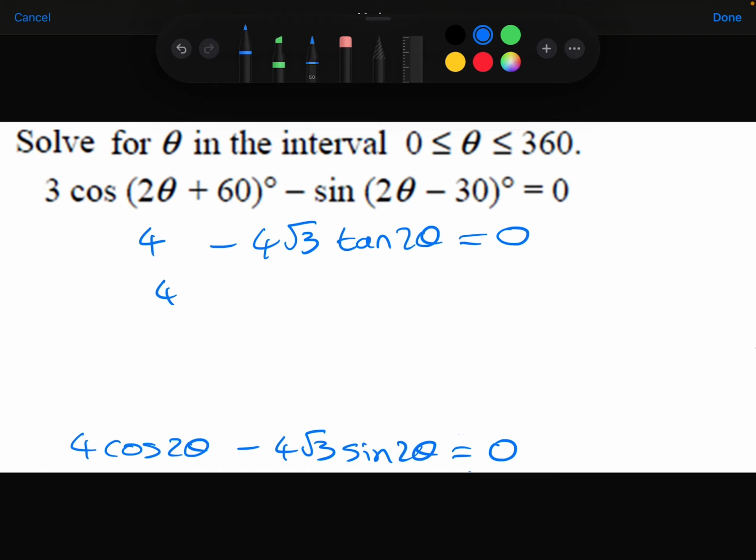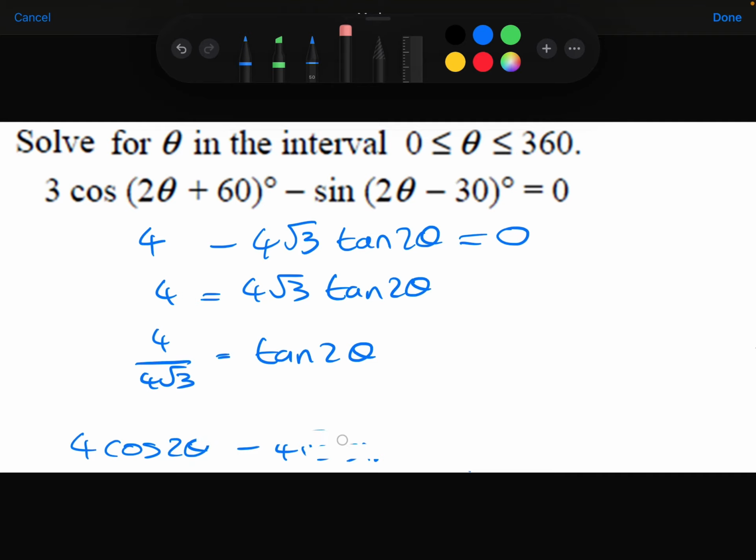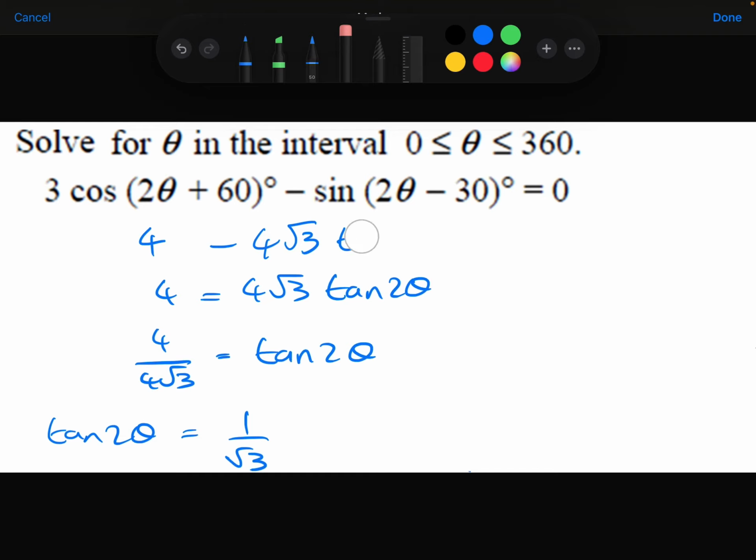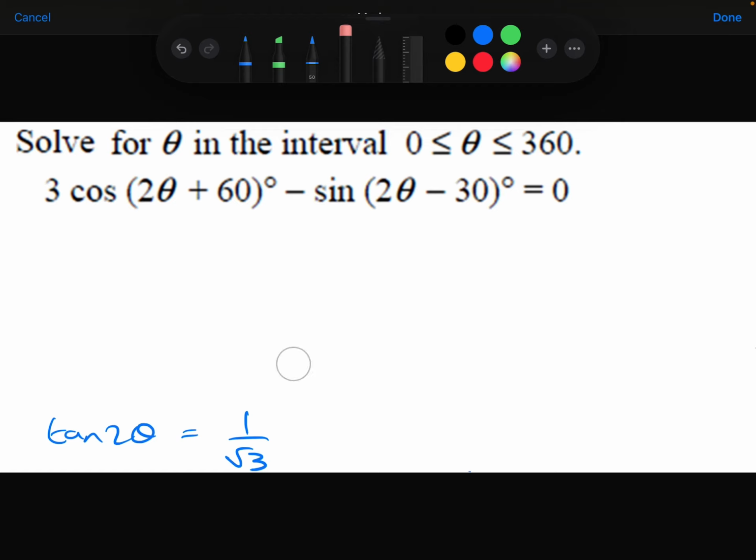I'm now going to rearrange to make the tan 2θ the subject. So tan 2θ is going to equal 1 over root 3. Right, I now want to do tan inverse of both sides.